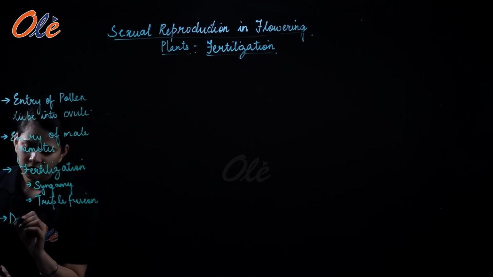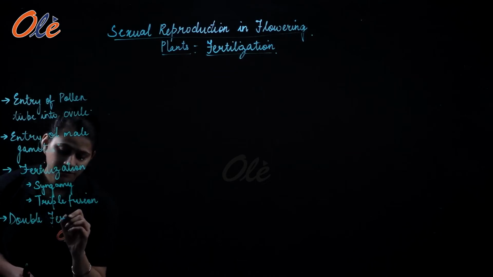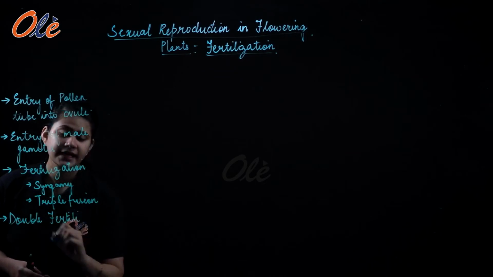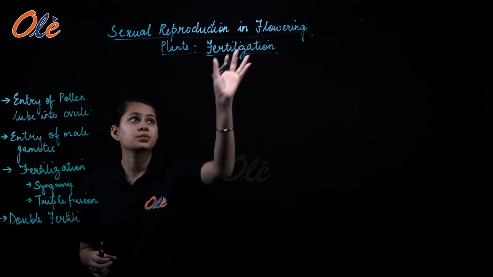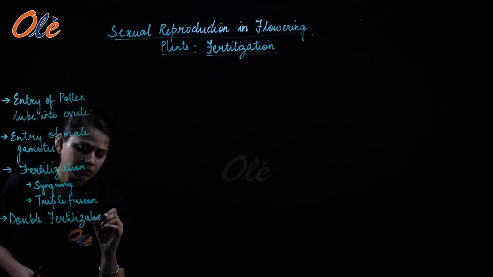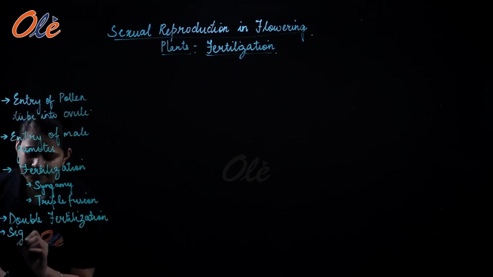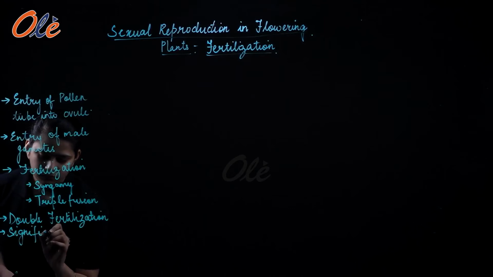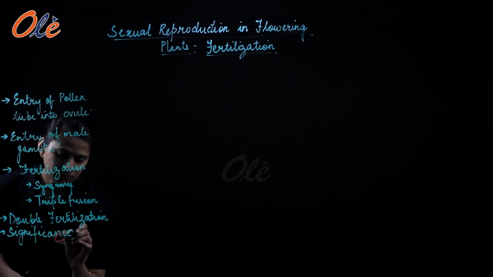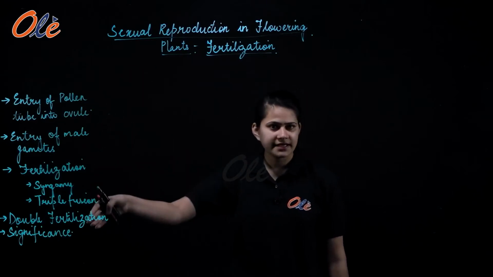Then we will be talking about double fertilization, which is in fact the exclusive kind of fertilization which occurs in the flowering plants or the angiosperms. And finally, we will discuss how it is significant. Alright, so we will be discussing fertilization events under these subtopics.